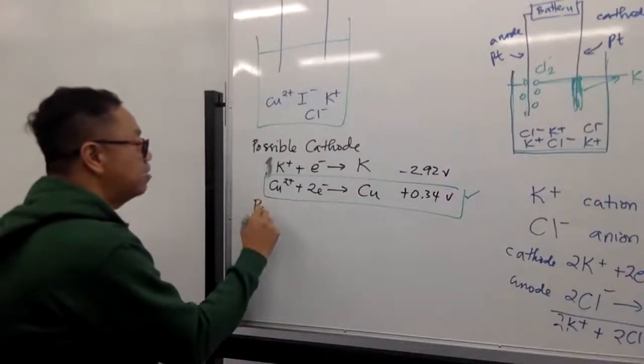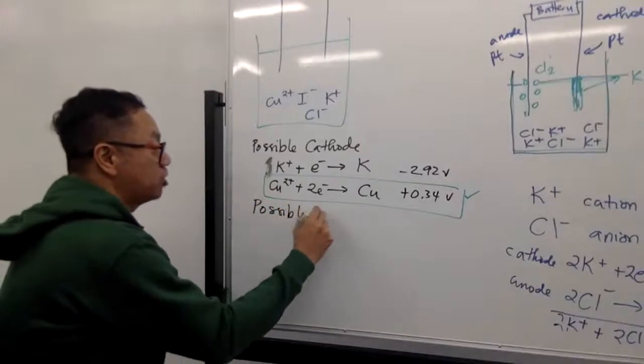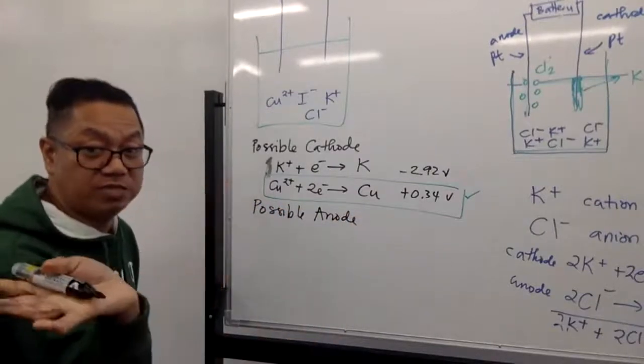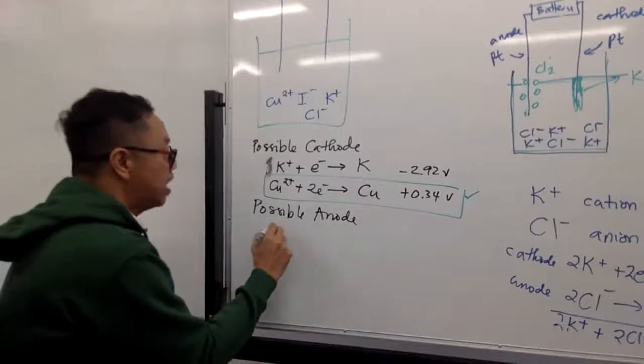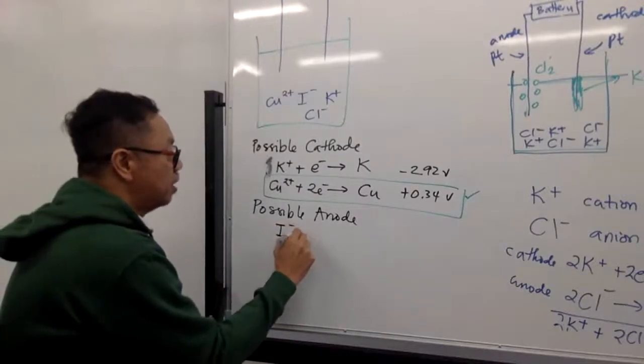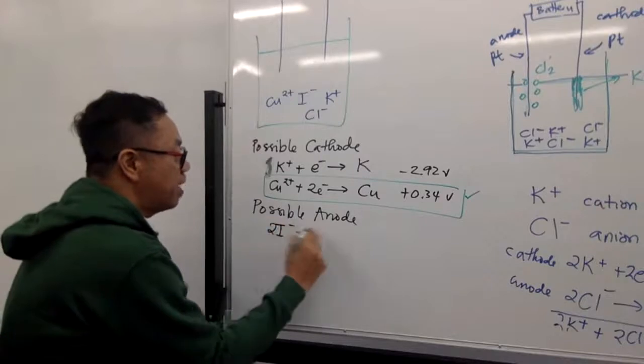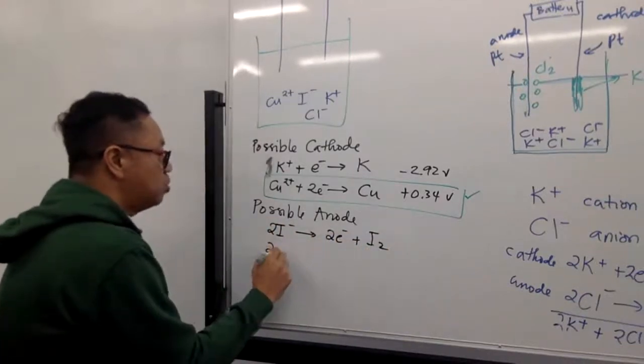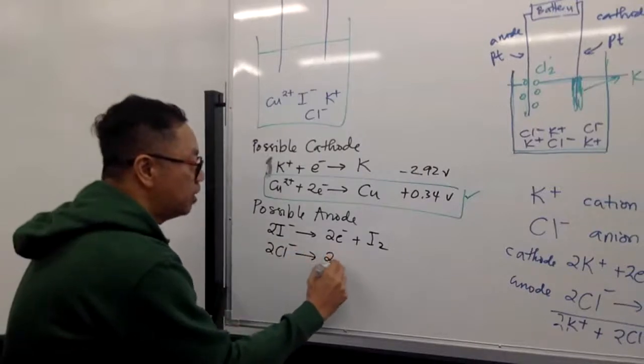Okay, let's go now to the possible anode reaction. Remember, anode is oxidation, so we flip the ones we see. We've got 2I minus giving I2 plus 2 electrons, and the other one is 2 chloride giving Cl2 plus 2 electrons.